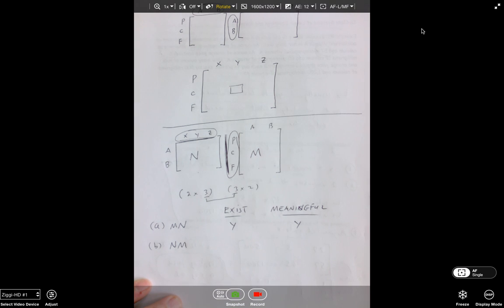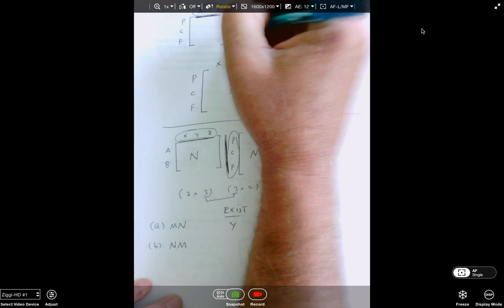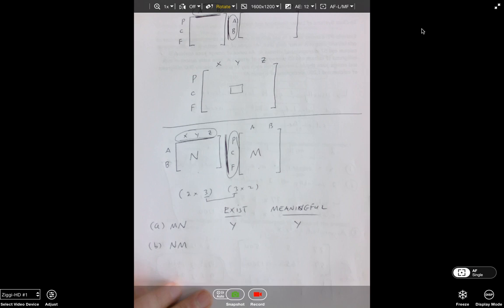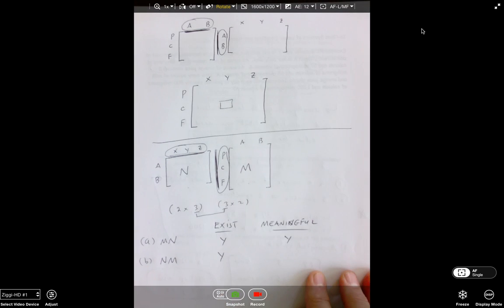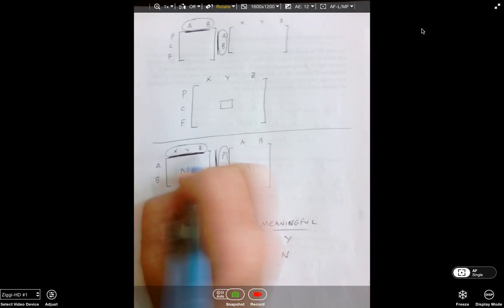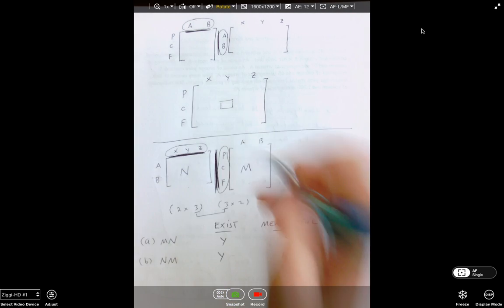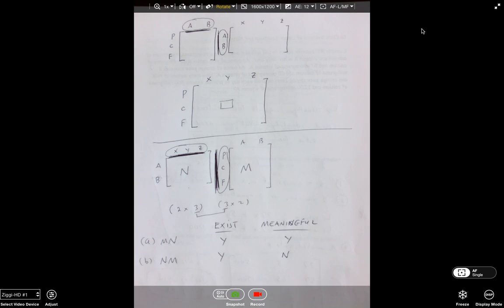Yes. Because the columns of the first matrix and the rows of the second matrix are measuring the same thing. NM, does it exist? Yes. Is it meaningful? No. Our interpretations don't mean anything because the columns of the first matrix and the rows of the second matrix are the same number. There's 3 of each, but they're not measuring the same thing, so the interpretations are not meaningful.